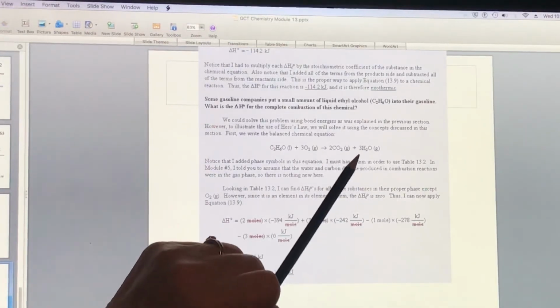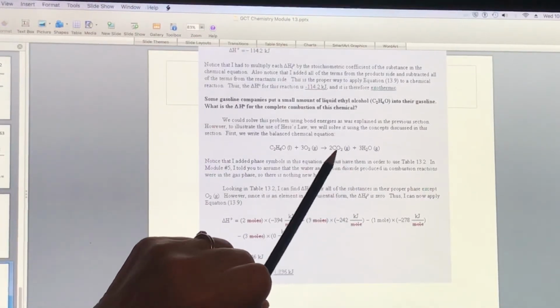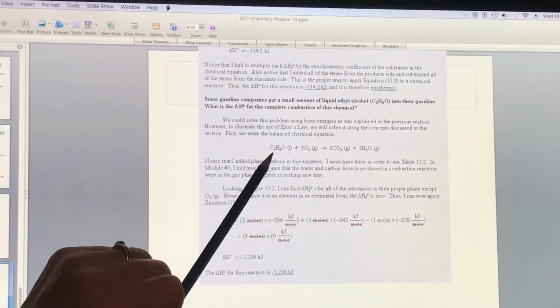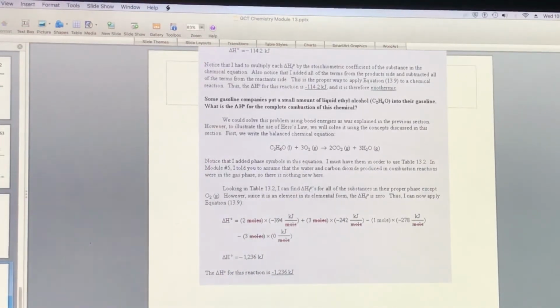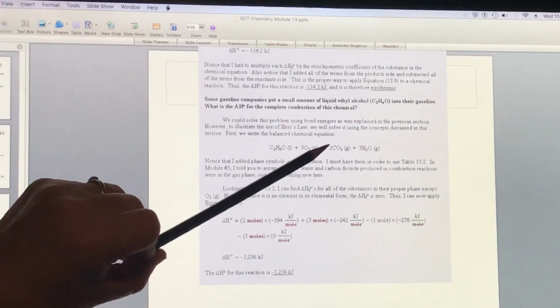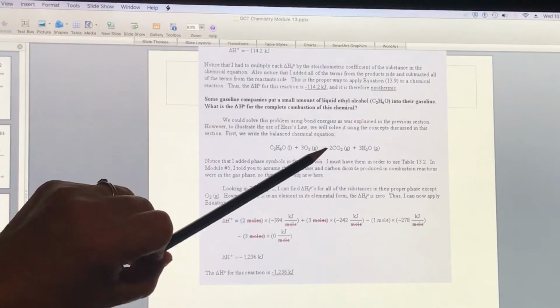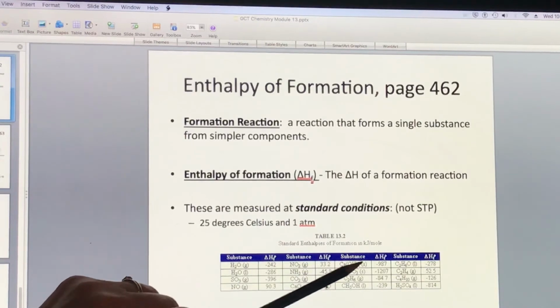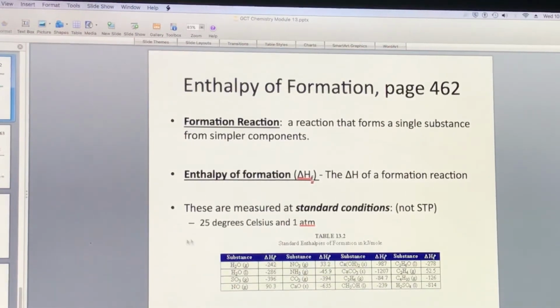We're going to need to know H2O, CO2, the O2, remember, would be 0, and then the C2H6O. So I'm just going to look at one of them, but we'll start with the CO2 here, right? So we look back at the table, you find CO2, it's negative 394 kilojoules per mole.